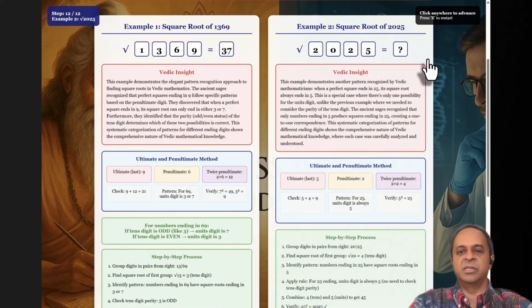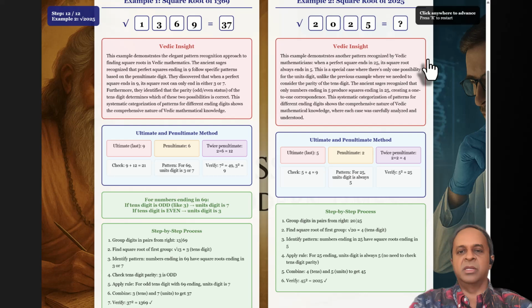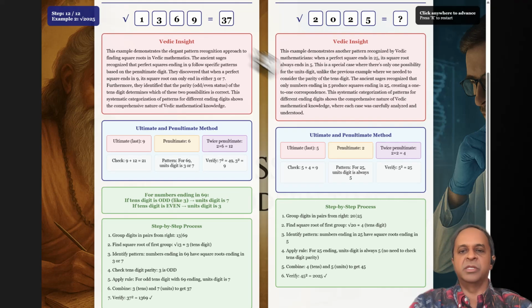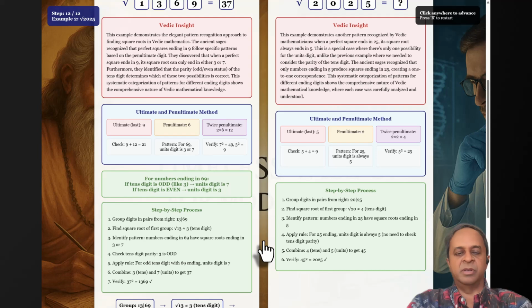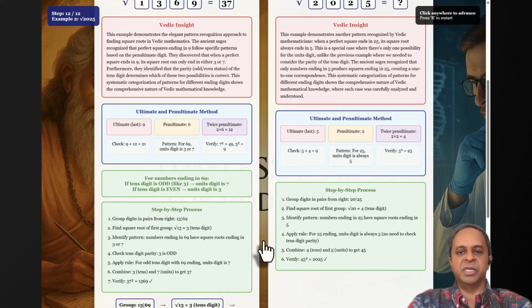Make sense? Just take a few minutes to look at these two examples, then look at the two steps, and then you can see how these patterns were considered by the ancient sages to solve mathematically complex functions.